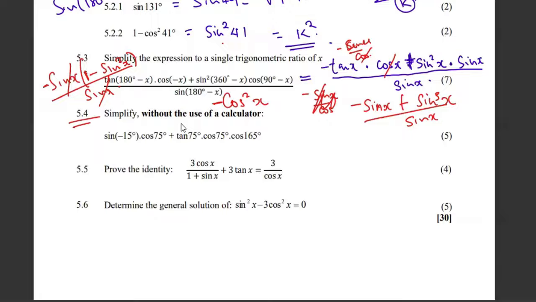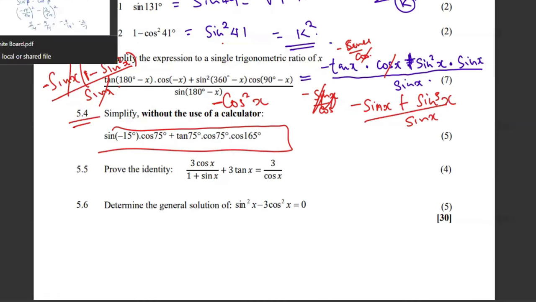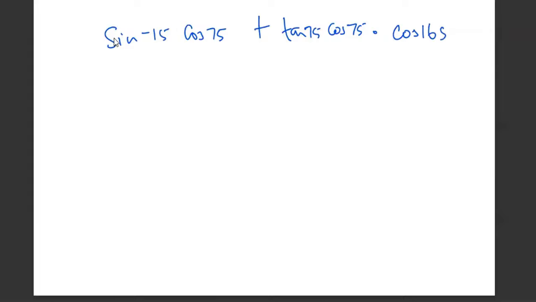simplify without a calculator. So if we have just numbers, then we have to use the special angles at some point if need be. So let me jot this to the side. We have the sine of negative 15, cos of 75, plus the tan of 75, cos of 75 multiplied by the cos of 165.